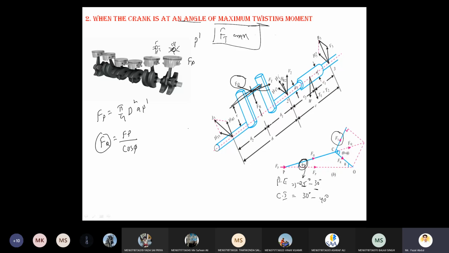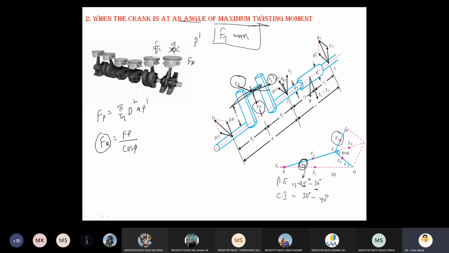The component of FQ perpendicular to the crank is the tangential force FT, and the component of FQ along the crank pin is FR, which produces the thrust on the crank bearings.